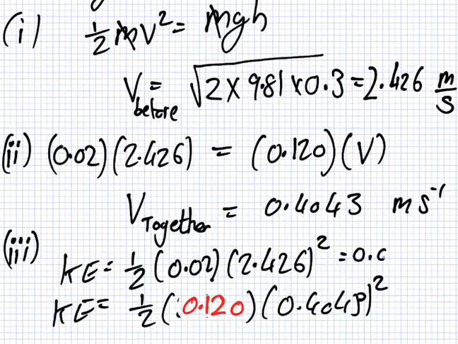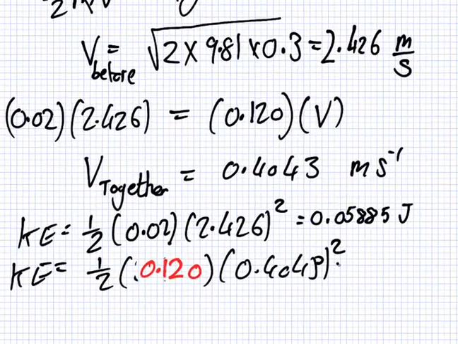A half times 0.02 times 2.426 squared. That is 0.05885 joules. The kinetic energy after the collision should be smaller.